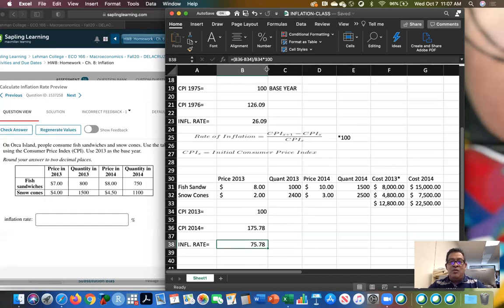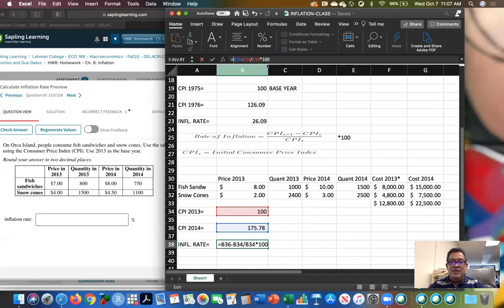So let's see why parentheses are important. Let's say that I don't include parentheses here, right? What am I asking Excel to do? Well, I am asking Excel to first divide this, then subtract from this, and then multiply by 100.